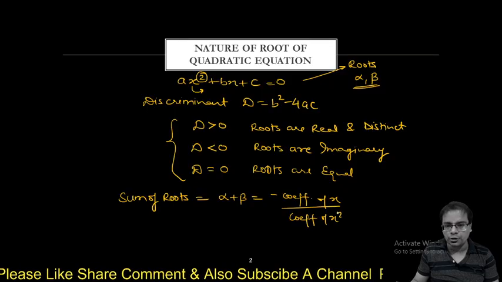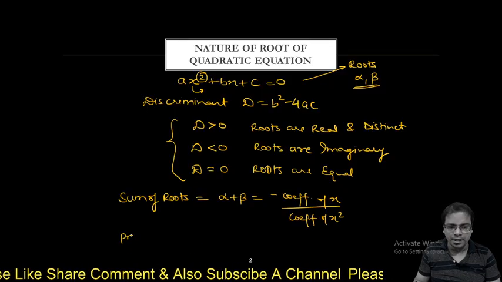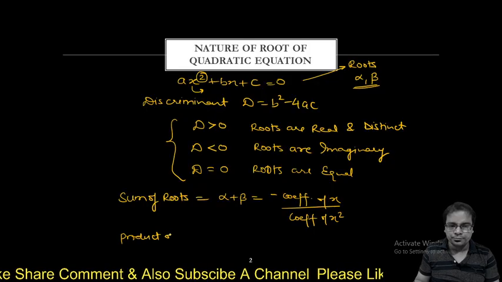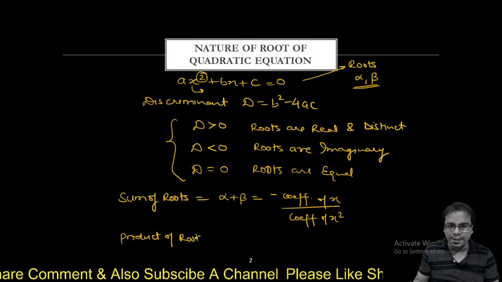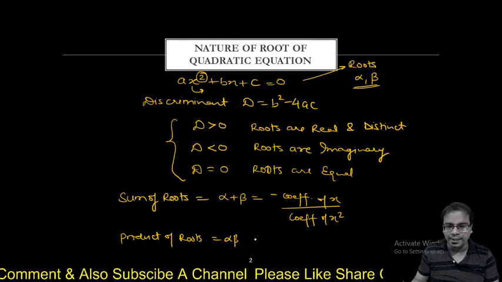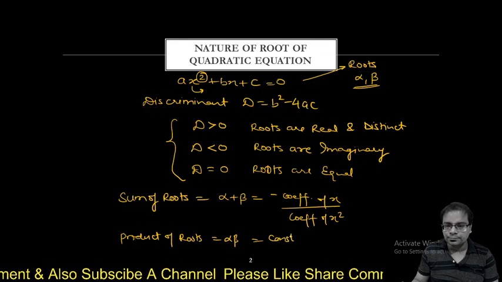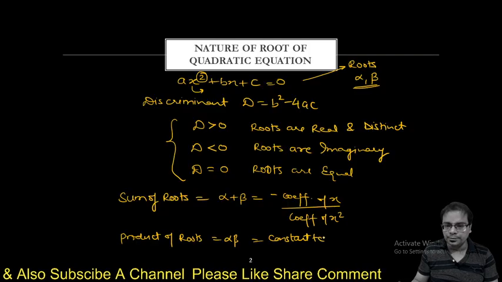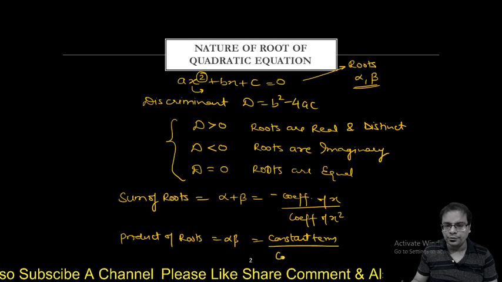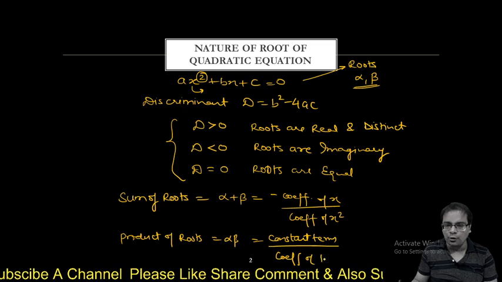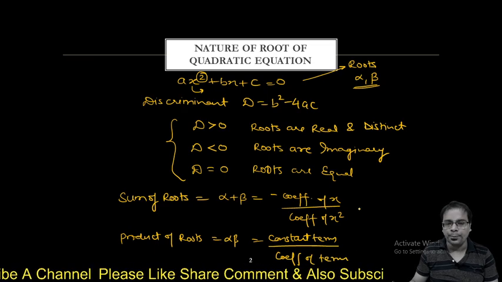Similarly, the product of the roots, alpha into beta, is the constant term upon the coefficient of x square. That's how we can find the sum and product of the roots.